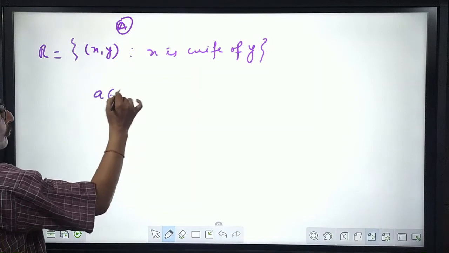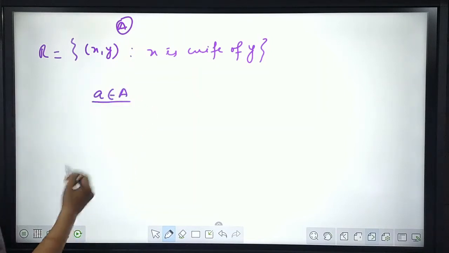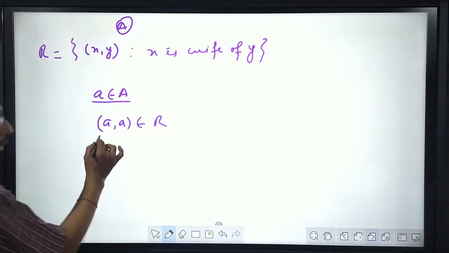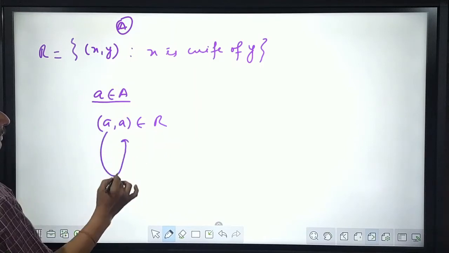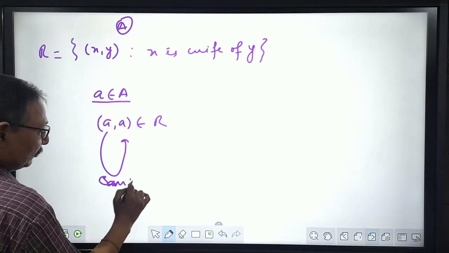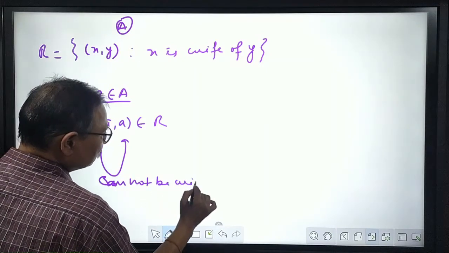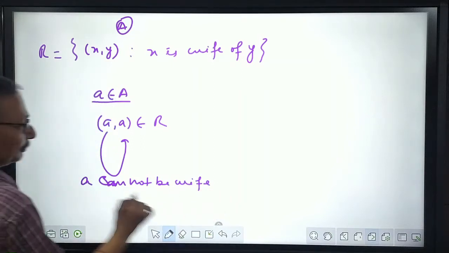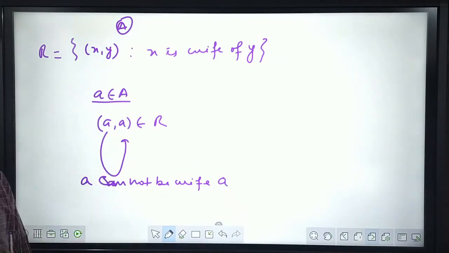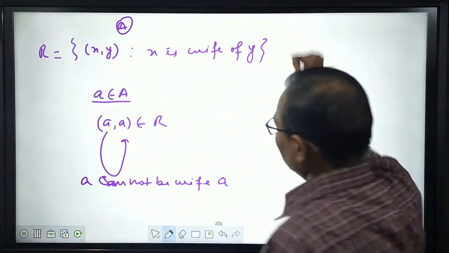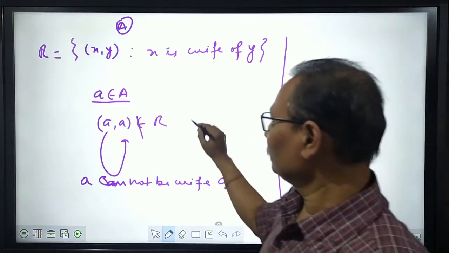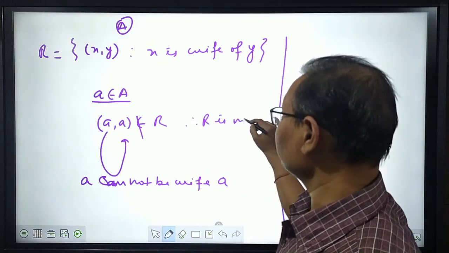Suppose that A belongs to A, then A comma A cannot belong to R, because A cannot be wife of A. Nobody can be their own wife. So A comma A does not belong to R. Therefore R is not reflexive.